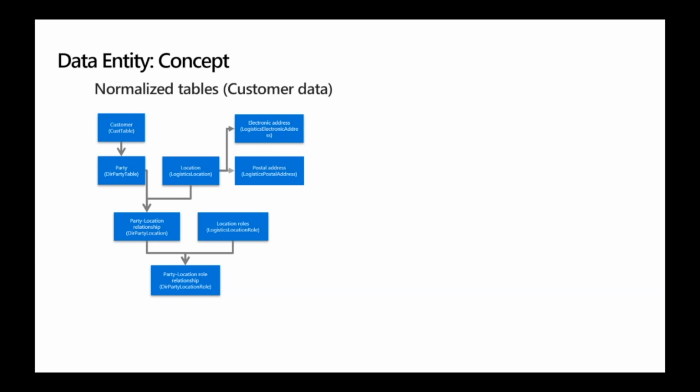And since AX 2012, the database for finance and operations has been normalized quite heavily, which makes it more and more complex for external applications to retrieve data or to insert data in that.